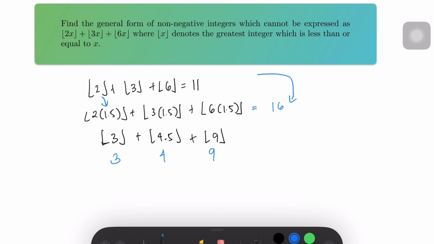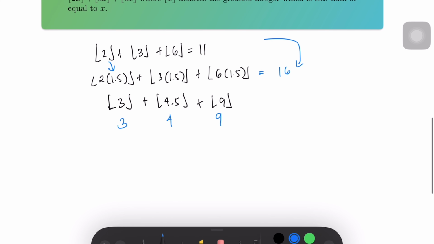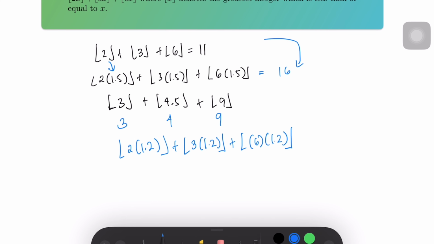And if we try, let's say, 1.2, we get the floor of 2 times 1.2 plus the floor of 3 times 1.2 plus the floor of 6 times 1.2. We have here 2.4, 3.6, and 7.2.